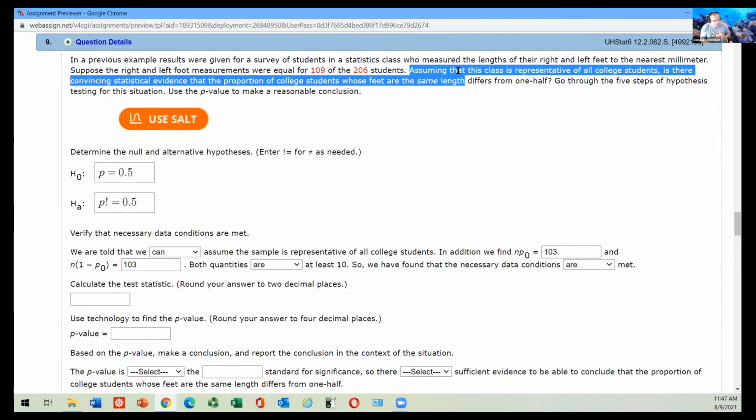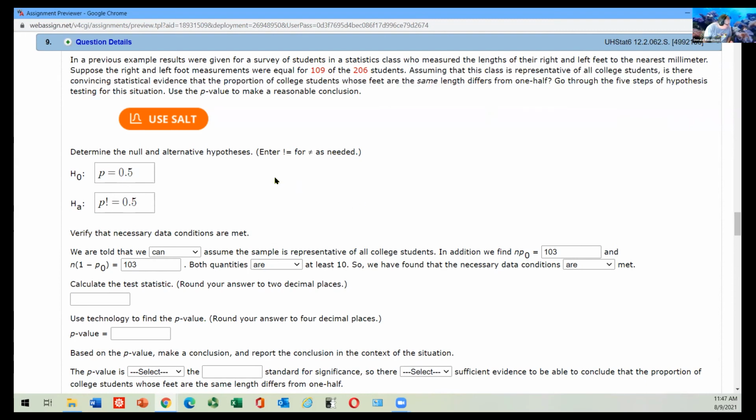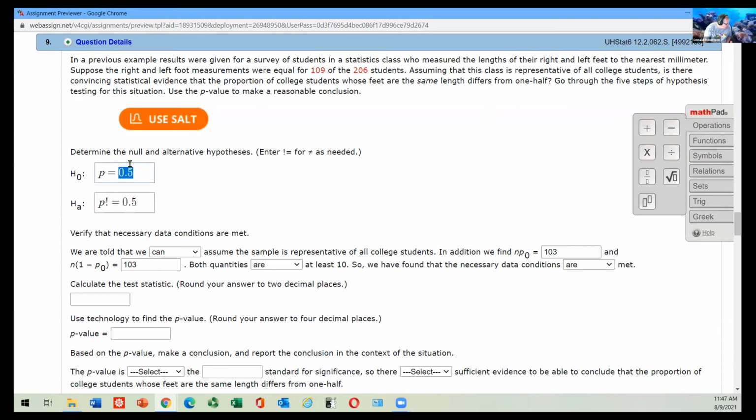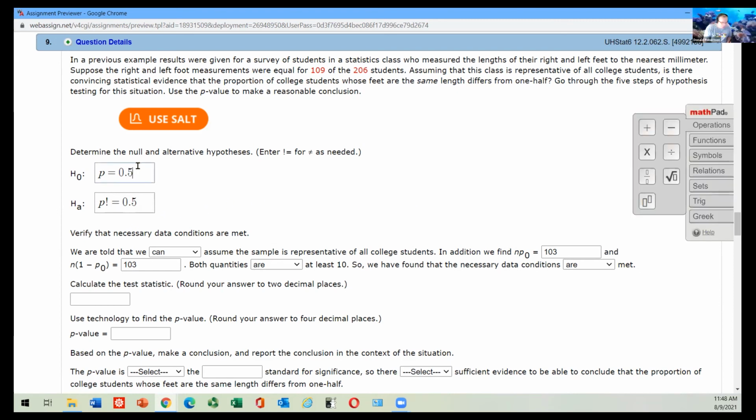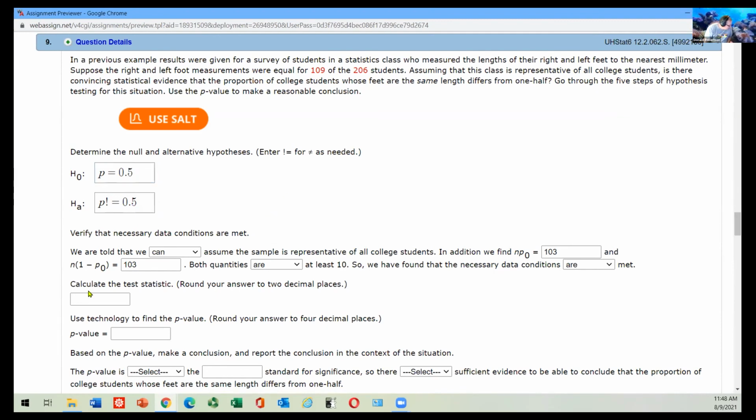That makes sense, right? P naught's value is 0.5 times the total number of students, which is 206, giving 103. And 0.5 is a special case because 1 minus P naught is also 0.5. But if one of them was 0.3, the other would be 0.7. So I made a mistake there.